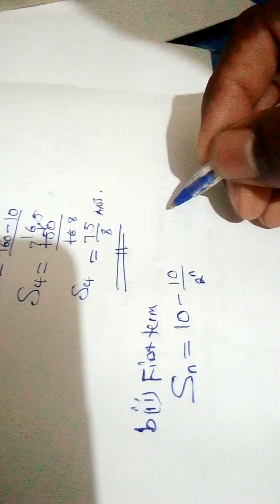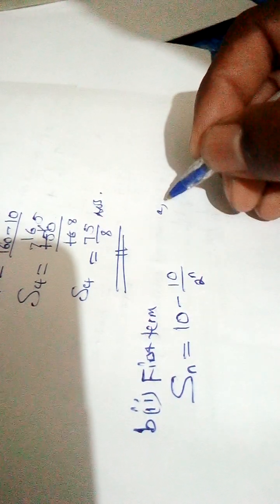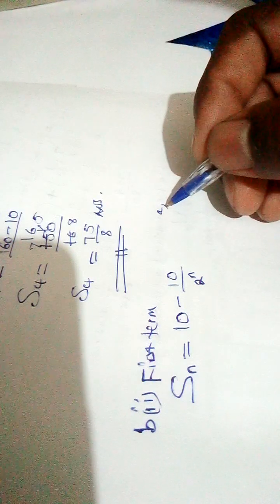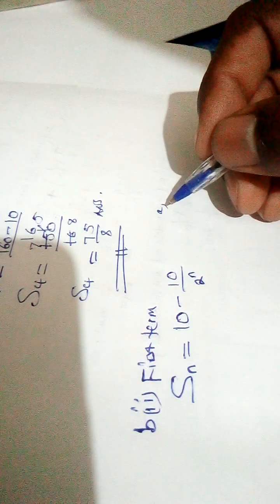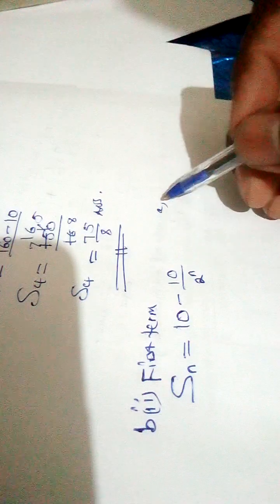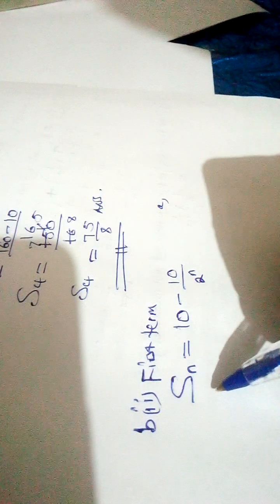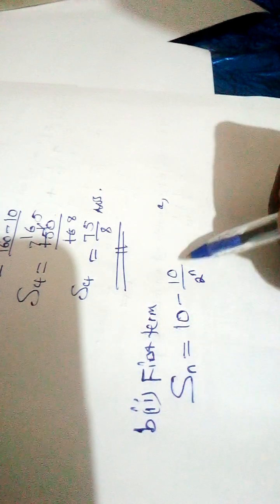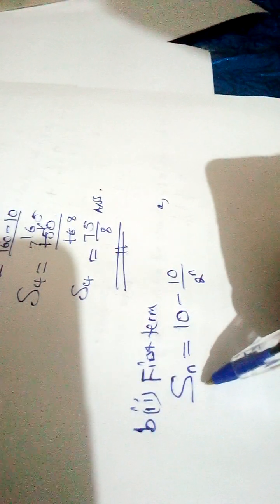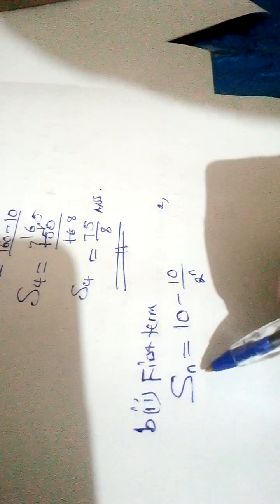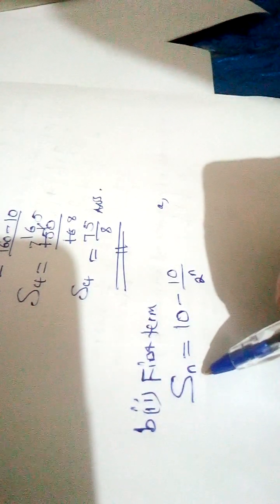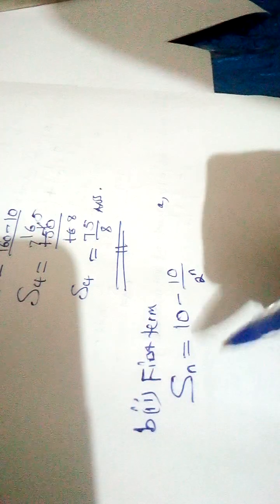Now this first term A here, how do you find it? How you find it is very easy. The first term can be found if we use this formula and find the sum of the first one term.